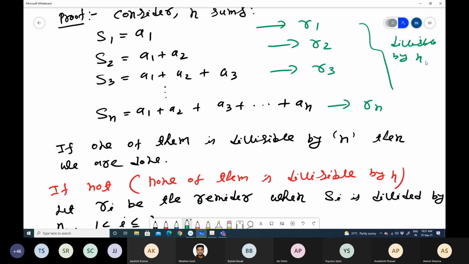Each Si is not divisible by n, so each Ri is bigger than or equal to 1. Ri cannot be 0.